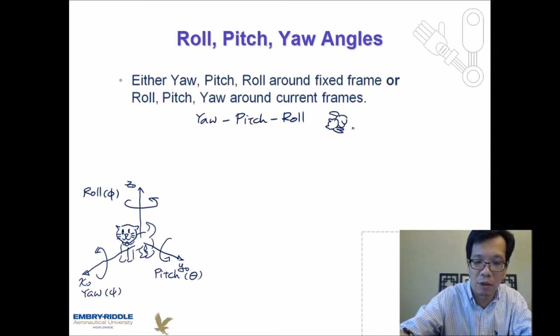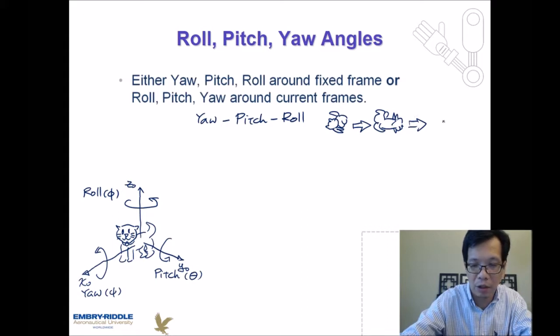Then it will start to do pitch. Pitch is going to be in this direction. So I'll have my cat in a very weird orientation. The cat's tail is over here, and it's going to be something like this. Okay, this is the head. Then after that, we start to do the roll rotation, so it's going to be in the climb up direction.